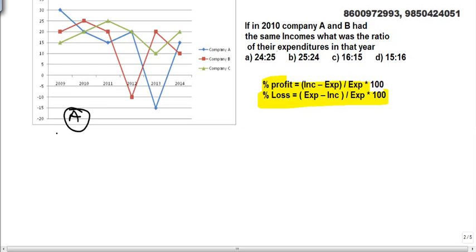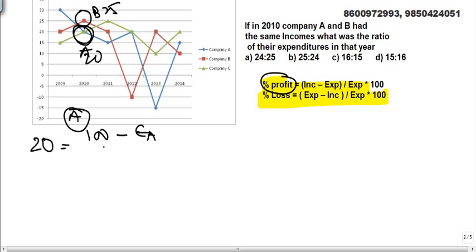A's profit was given as 20%, B's profit 25%. Percentage profit, fill the formula. A's profit: incomes are the same, let's say income of A minus expenditure of A, upon expenditure, into 100.